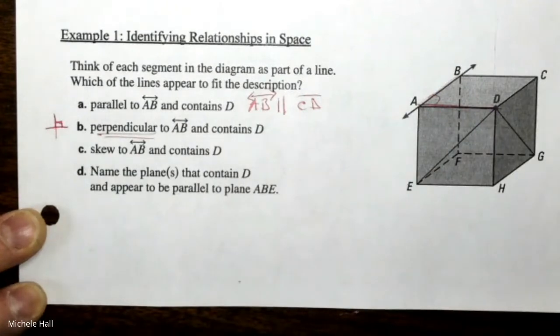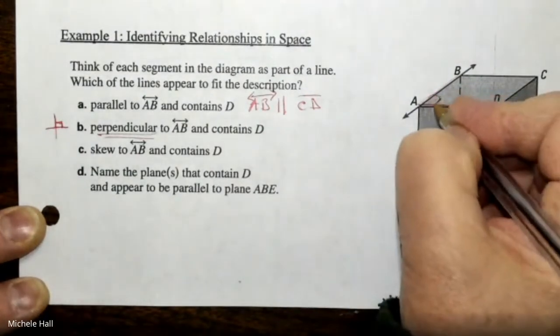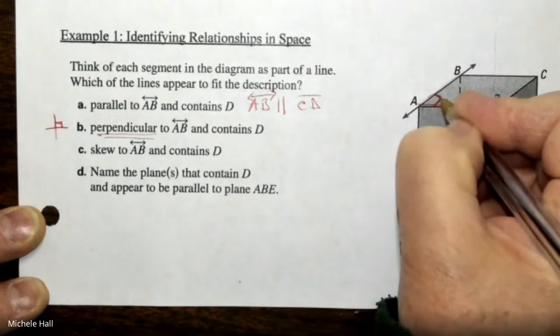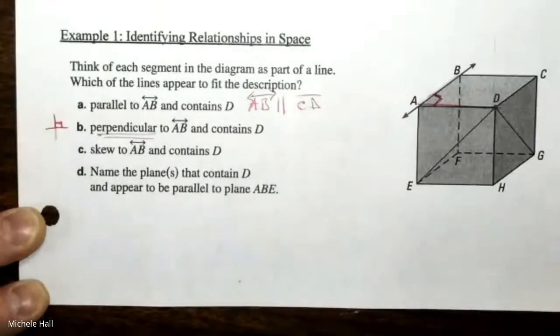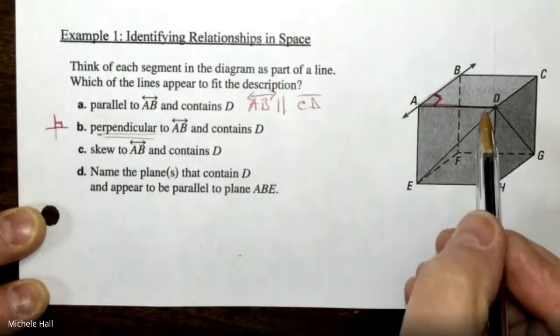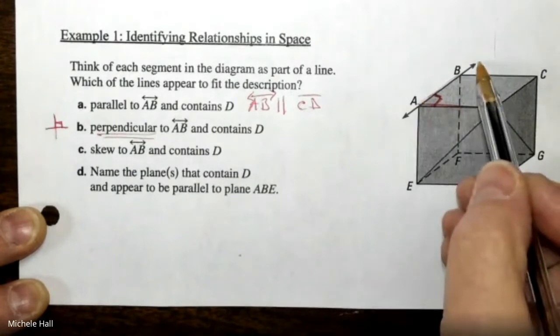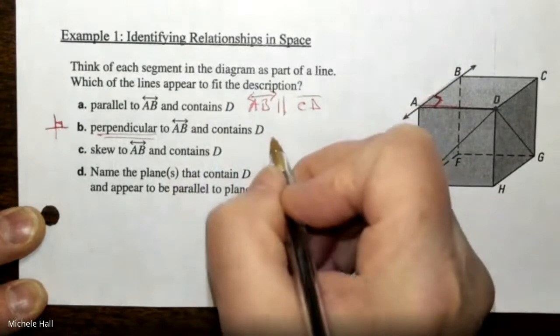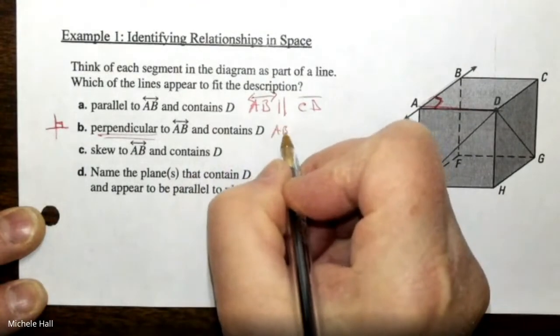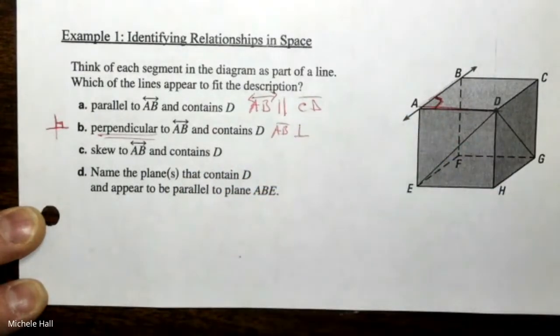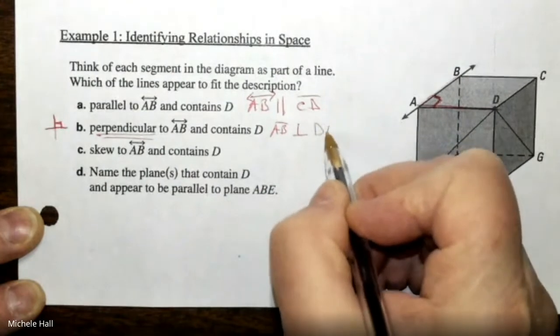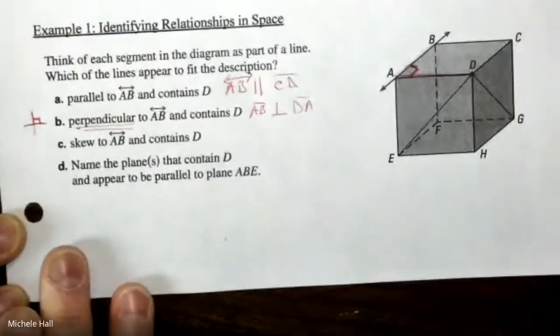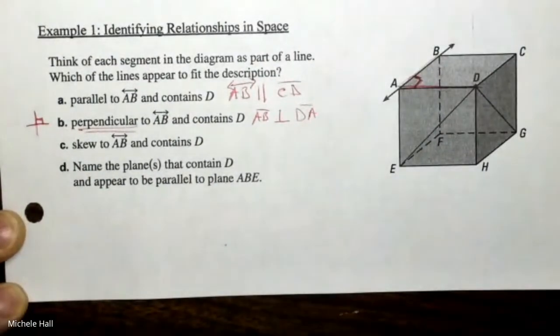It's kind of hard to tell because it's at a slant, but a square has right angles. We know that from area and perimeter. So this would be where a line would be perpendicular to AB. So DA, you would say that AB is perpendicular to DA or AD. There's that symbolism for perpendicular. It's just an upside down T.